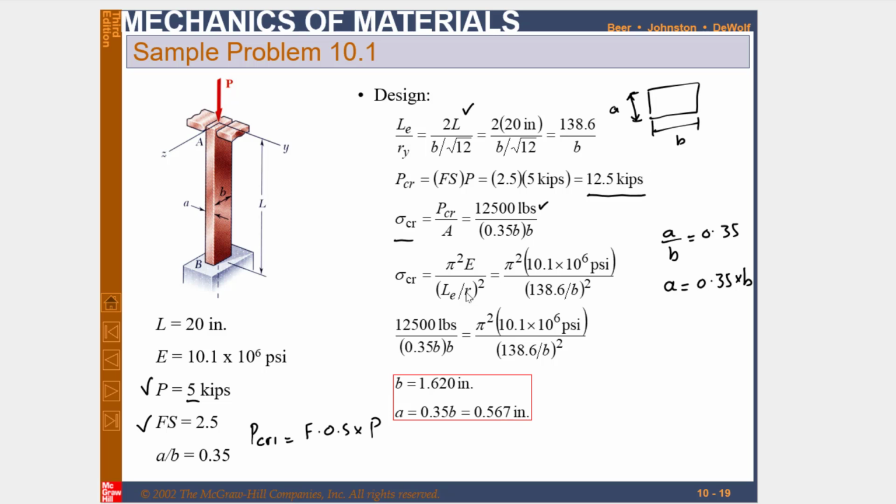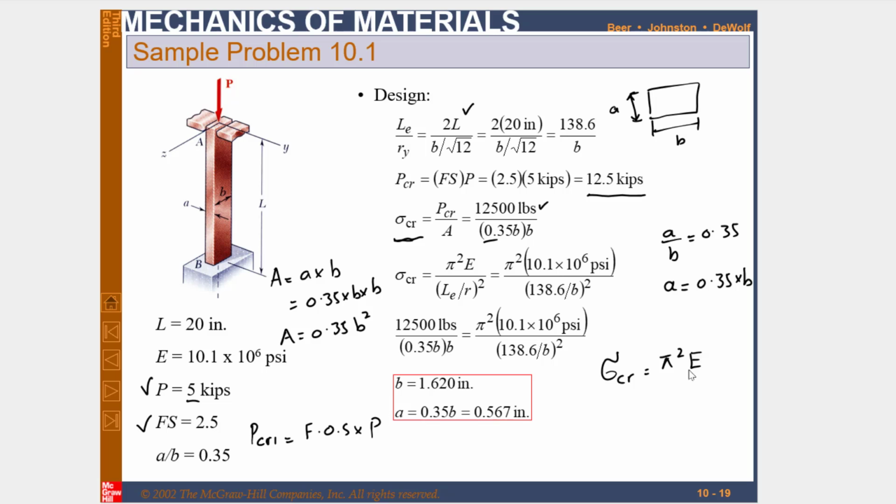And the area of the rectangle is A into B, and since A is equal to 0.35 B, the area will be equal to 0.35 B square. So this is the area, and when you put it over here and calculate it, this will be your critical stress, clear?